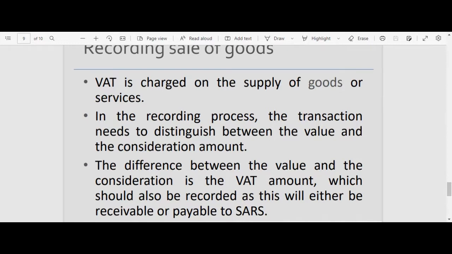The value itself is going to come to us as a business, whereas the value added tax, the output tax part of it, will be paid over to the revenue service. That belongs to them. And the consideration amount includes both of those.